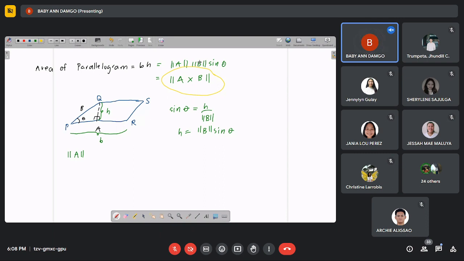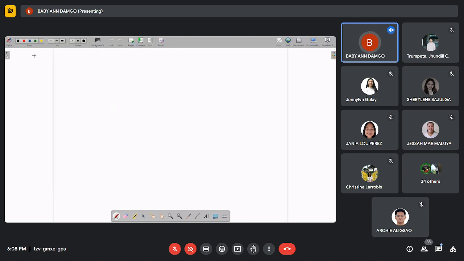Okay? So for example, remember, this is the magnitude of A cross B for the area.